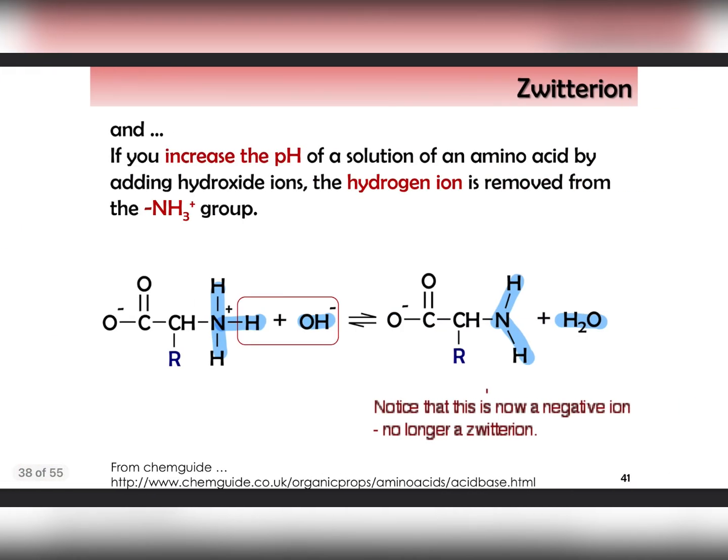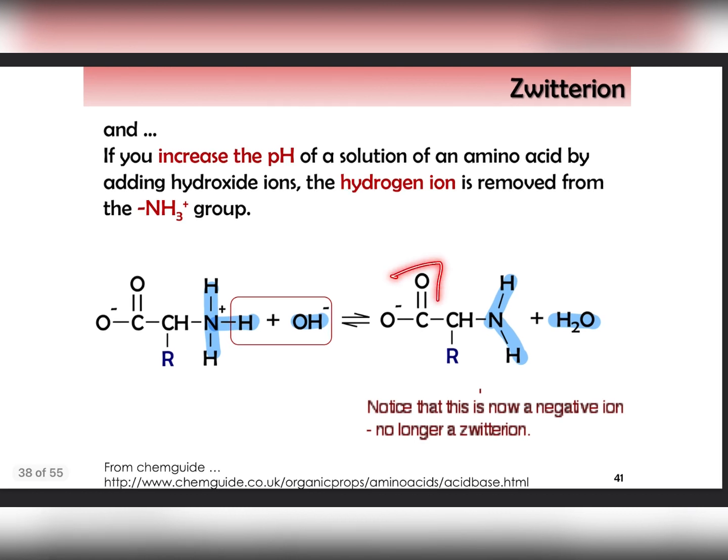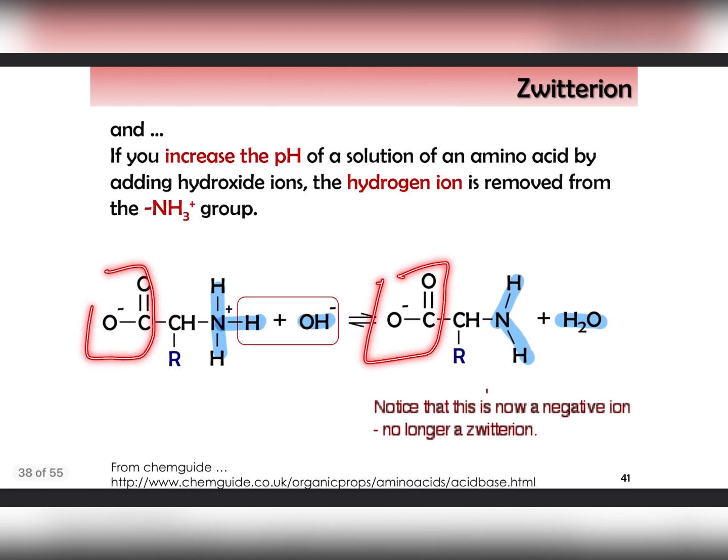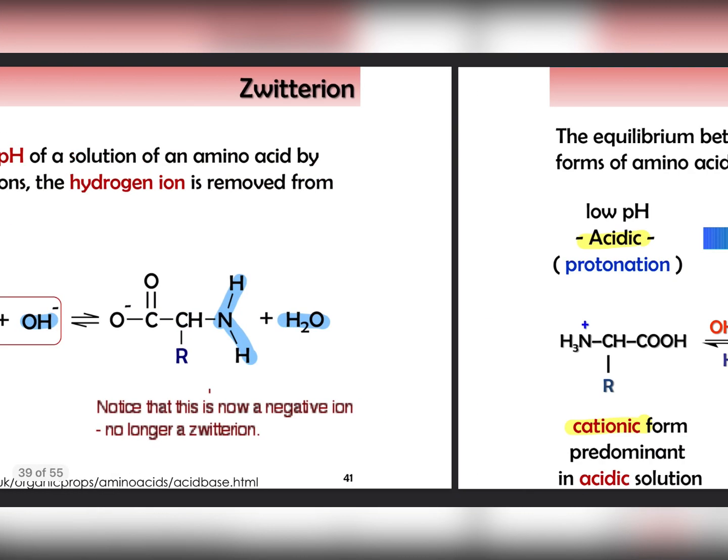Alright, so this COO minus part remains unchanged, and that is why this is the only part that is still charged. So this is a negatively charged ion. So this product is no longer called a zwitterion, because you are only left with a negative ion.